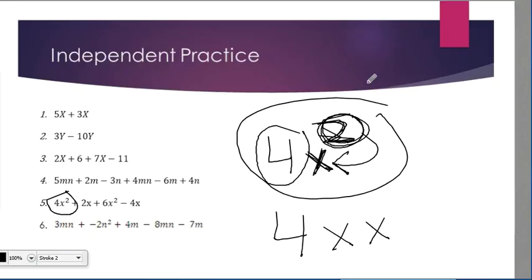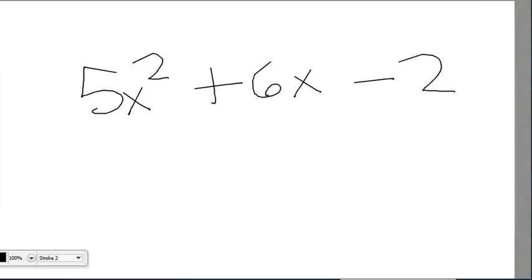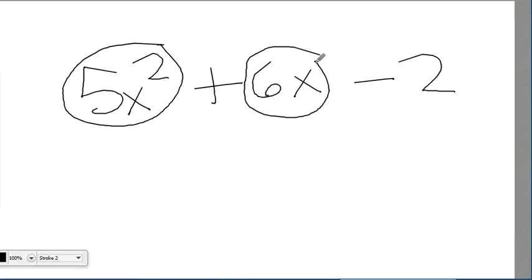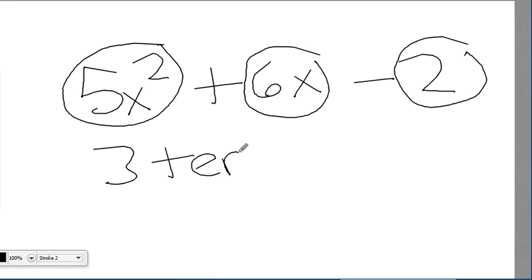So I'm going to give you an example here. If I give you this expression, 5 times x squared plus 6x minus 2, and I ask you how many terms this expression has, you would tell me 3: 1, 2, 3. This expression has 3 terms.